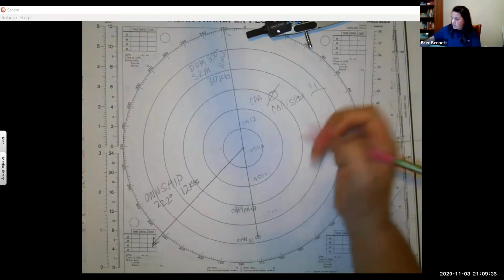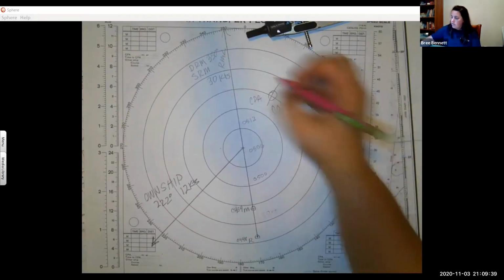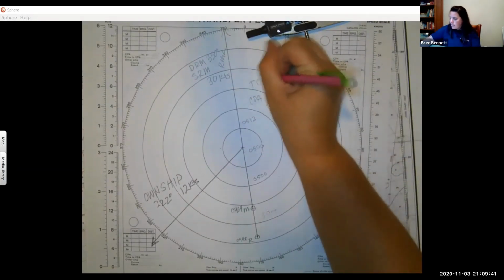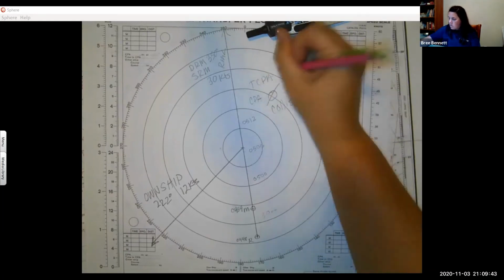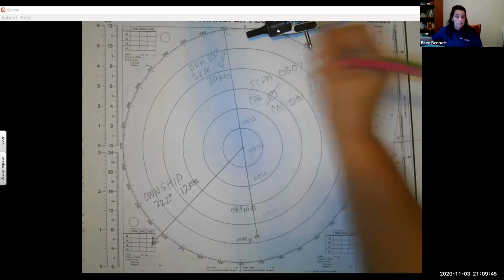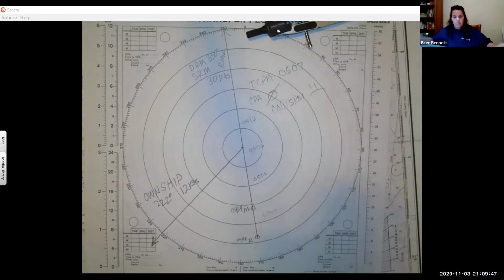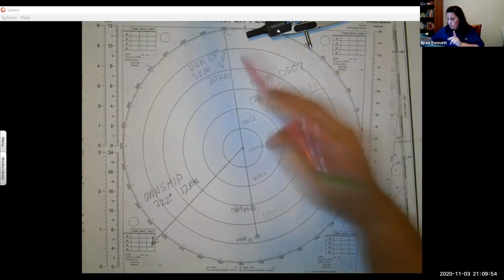So I would call our CPA was 0, but our time of CPA is 0507. Okay. And CPA, relative motion.